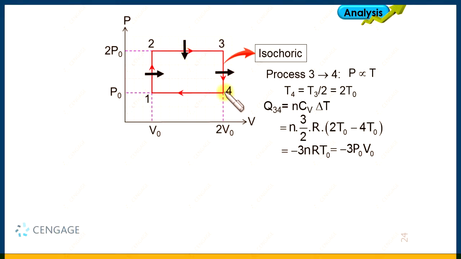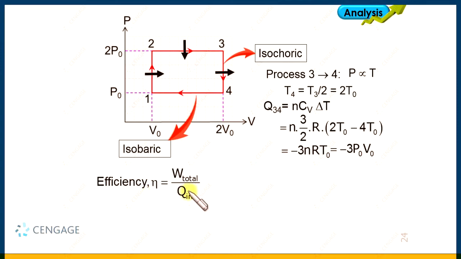This process goes from right to left, opposite to that process, so heat will be rejected by the system. So, we need not calculate Q41 because it will be negative, right? Now the efficiency we can again write with the formula W total divided by Q in.